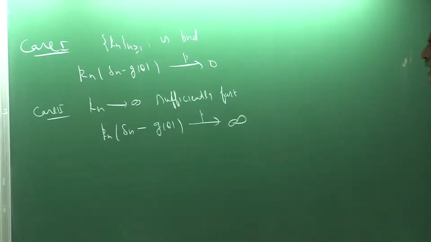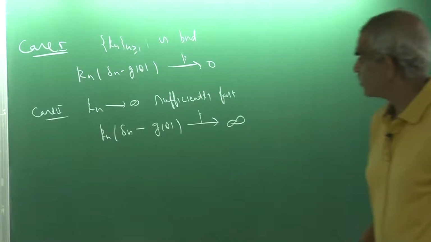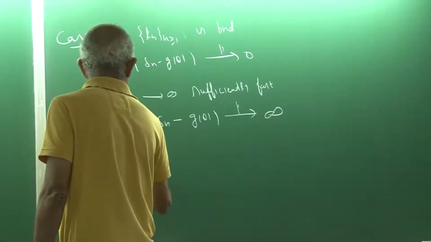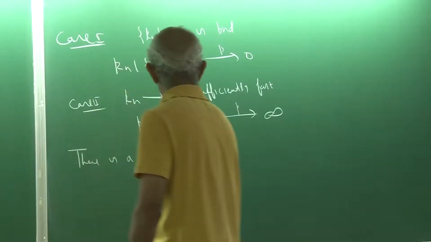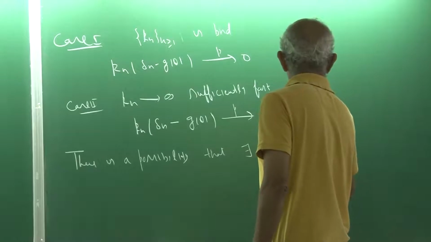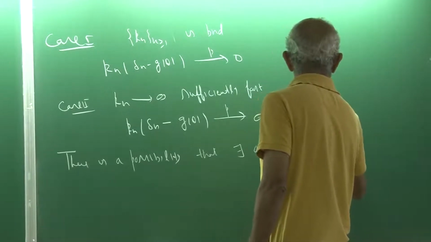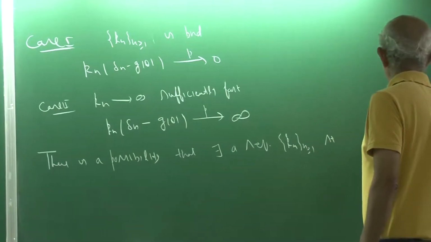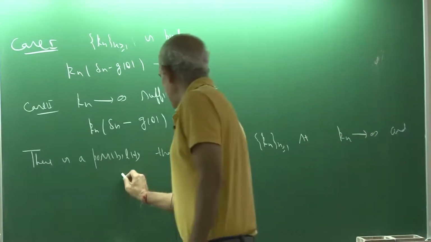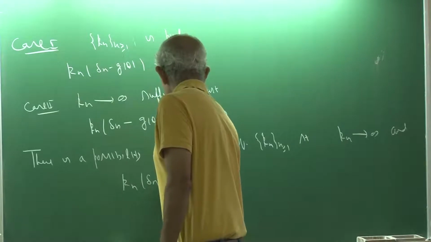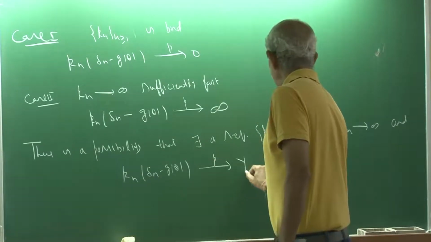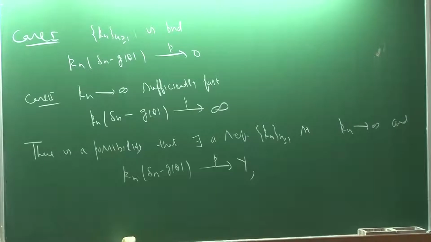As in the case of the limiting risk approach, there is a possibility that there exists a sequence kn such that kn goes to infinity and kn times delta n minus g theta goes in distribution to some random variable Y, and Y has a non-degenerate distribution.